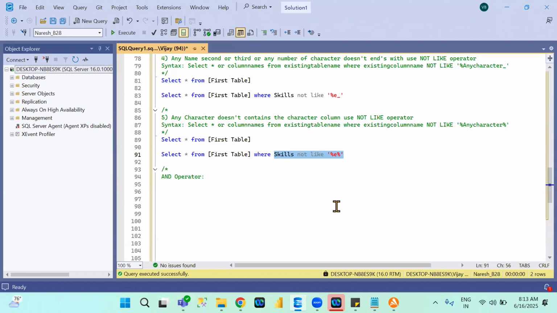Understand clearly? Is that clear or not? Okay. See here. First we need to discuss AND operator.